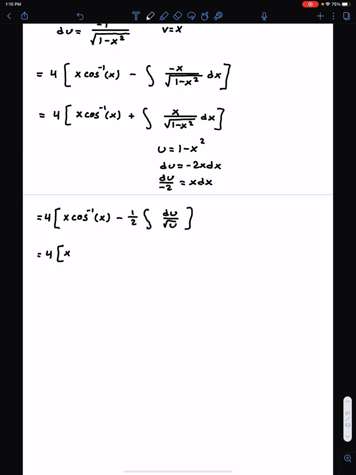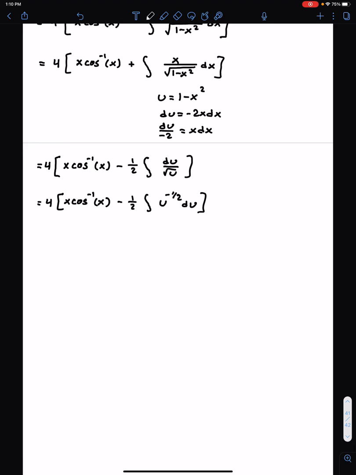which is 4 times x arc cosine of x minus 1/2 times the integral of u to the negative 1/2 du. I'll use the power rule on u to the negative 1/2.